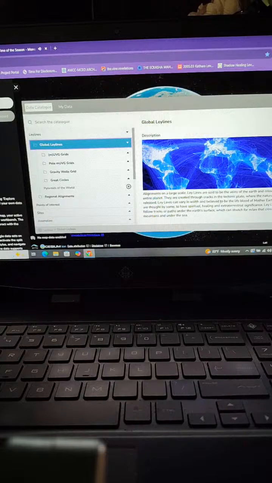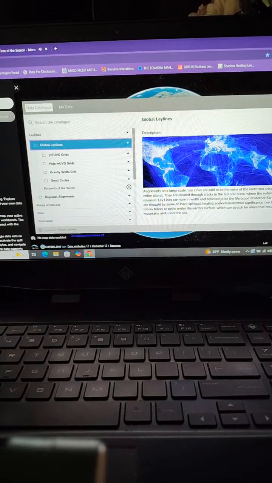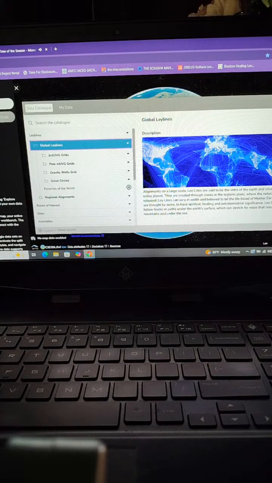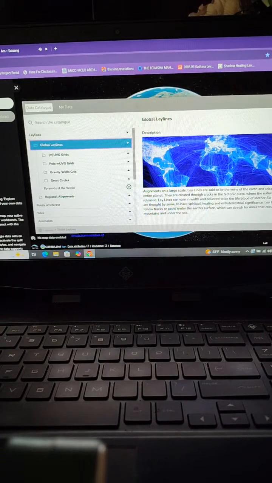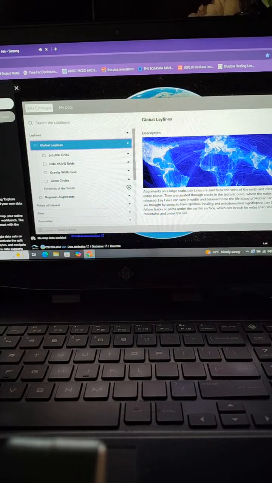It says alignments on a large scale. Ley lines are said to be the veins of the earth and crisscross the entire planet. They are created through cracks in the tectonic plate, where the natural energy is released. Ley lines can vary in width and believed to be the lifeblood of Mother Earth. They are thought by some to have spiritual healing and extraterrestrial significance.